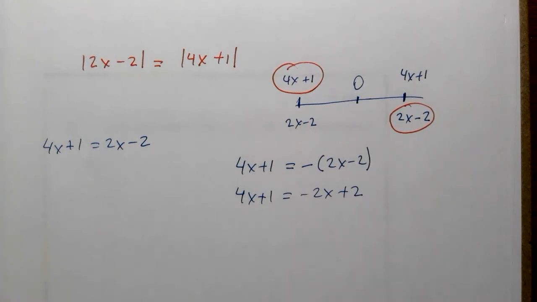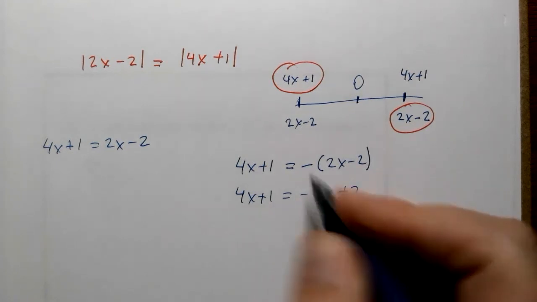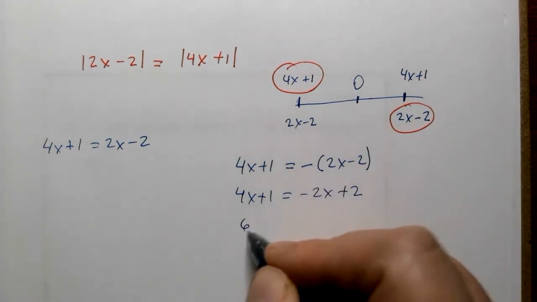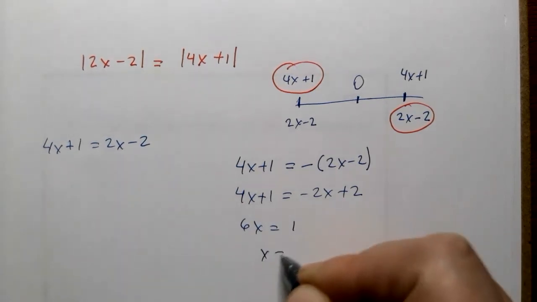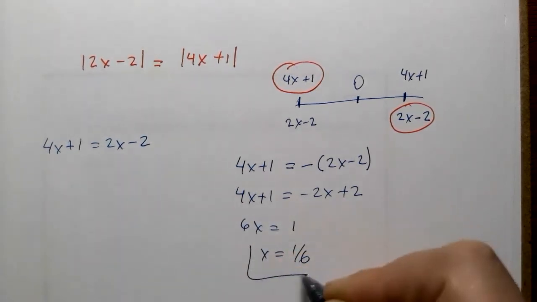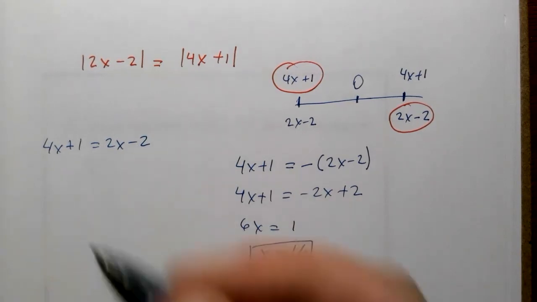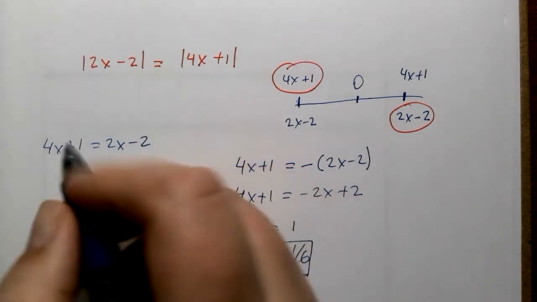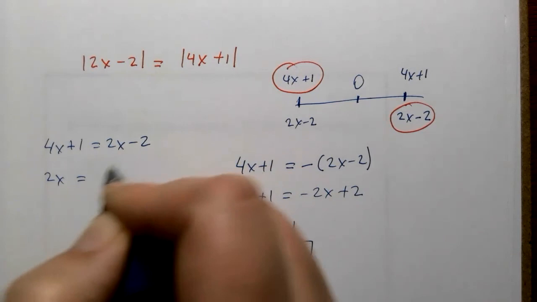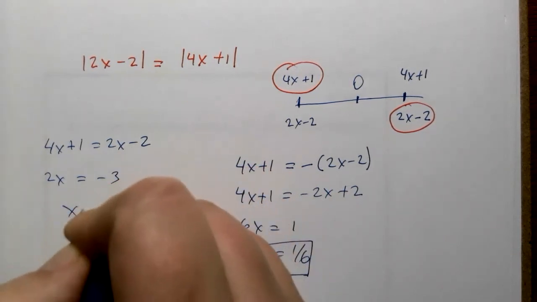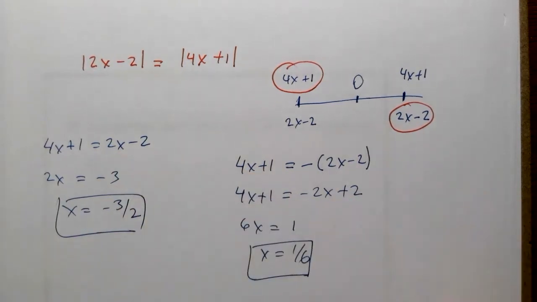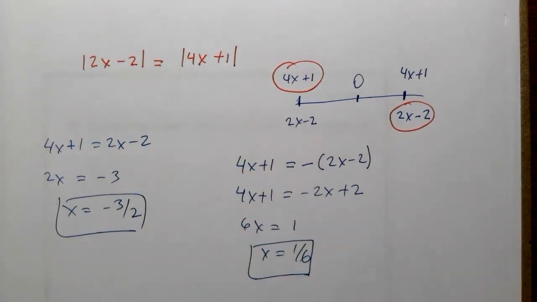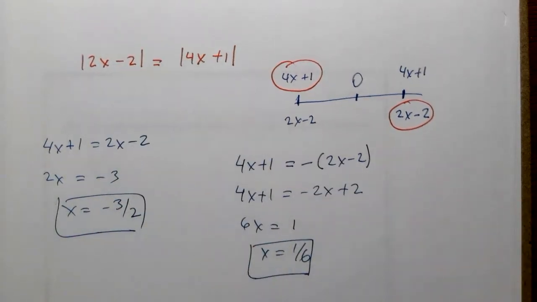Now combining the x's on one side and numbers on the other, we have 6x equals 1, so x is 1 over 6. And then solving the first equation, we get 2x equals negative 3, so x is negative 3/2. So that's how you approach this type of equation.